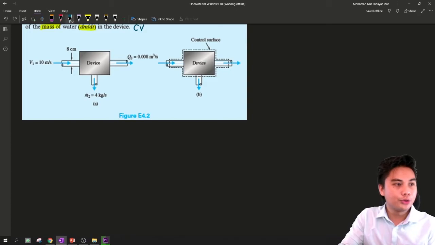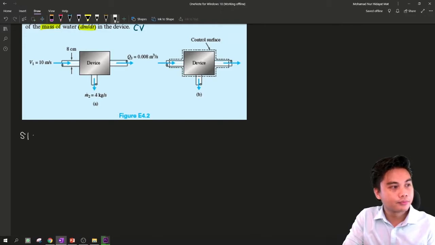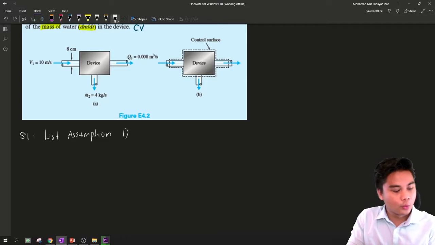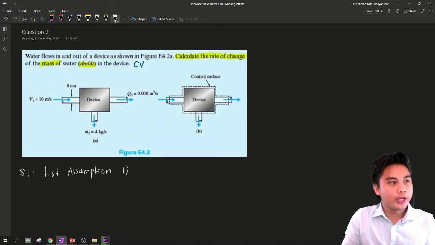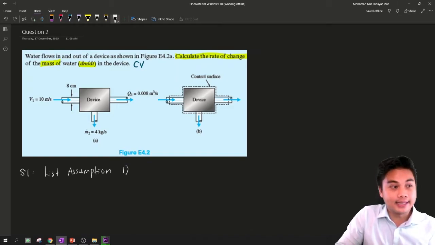So the first step, step number 1, we need to list out all the assumptions. Assumption number 1: we consider that the flow of the system is steady.